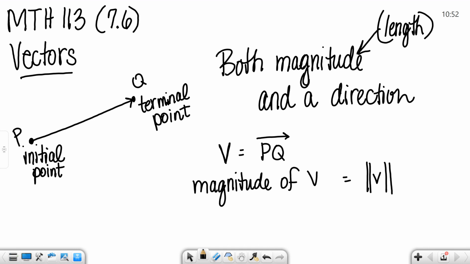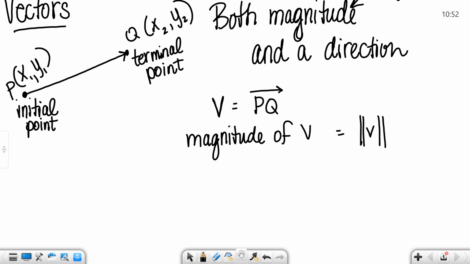All right? So these points P and Q, if we think of them as ordered pairs, they would be two different ordered pairs. And I could find the magnitude, which is the length, just by doing the regular old distance formula.